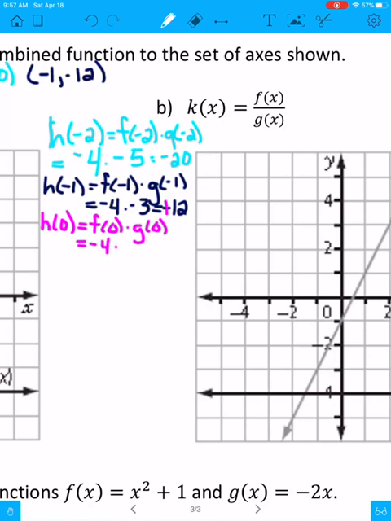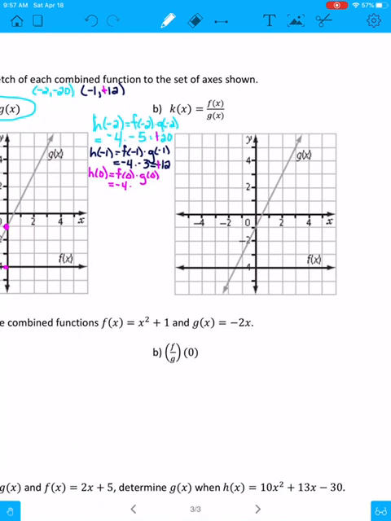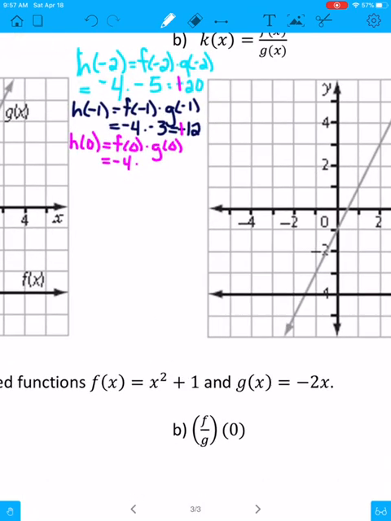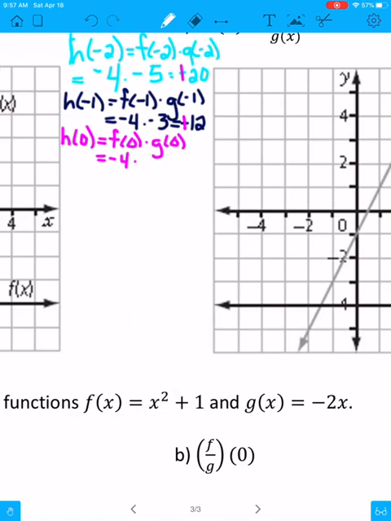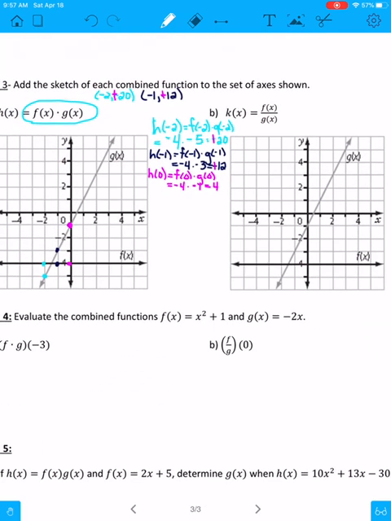Oh, this is positive 12, positive 20. How am I getting negatives? My goodness. Sorry, it's a positive 12 and a positive 20. Positive times a positive, or negative times a negative is a positive, Crystal. Okay. So I'm going to get negative 4 times negative 1, which is positive 4. So now I have a coordinate at 0 and 4.